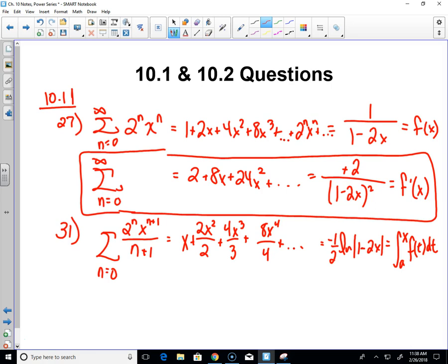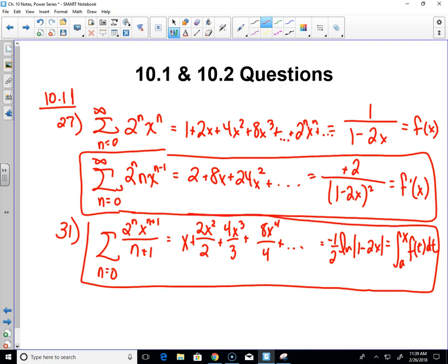Then we would have had n x to the n minus 1 times 2 to the n, because then if you plug in 0, it's just going to be 0. If you plug in 1, it's going to be 2x to the 0. Yeah, that makes sense. So that definitely helps out in the sense that you can just think of integrating or deriving the nth term. Is that cool?